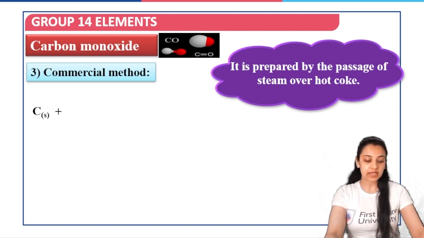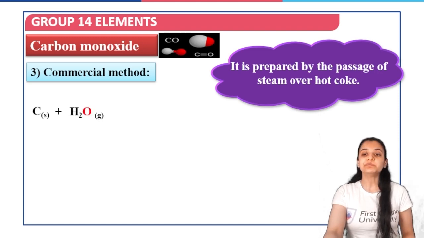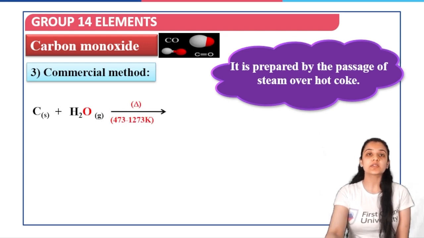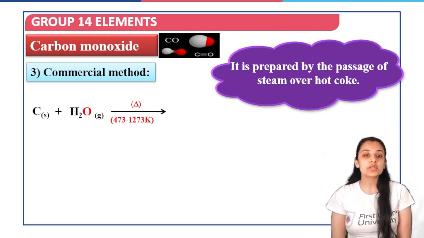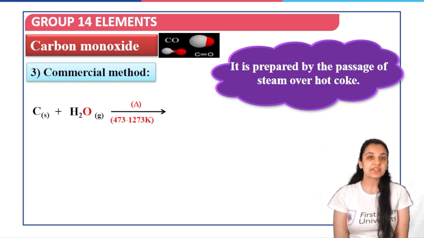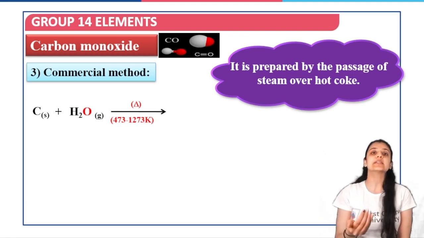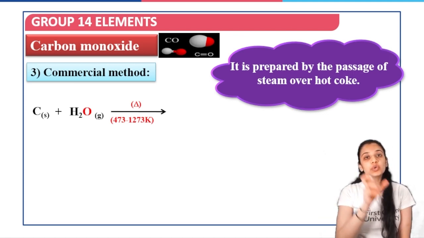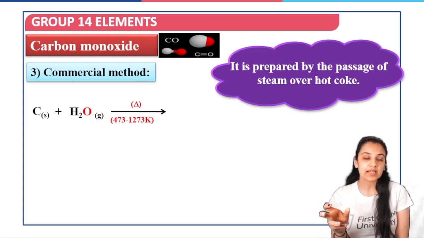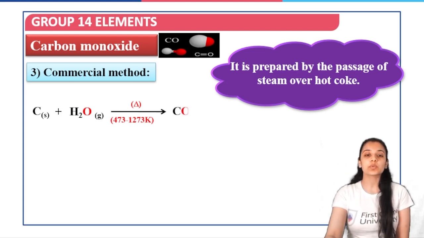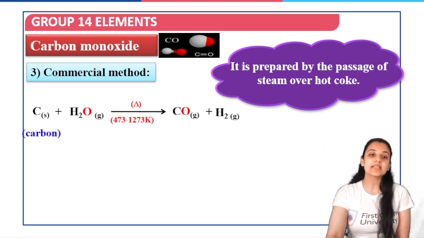So carbon, that is coke in the solid form, will be reacted with steam, that is water in the gaseous form, at a temperature of 473 to 1273 Kelvin. Boiling point of water is 373 Kelvin, so 100 Kelvin above that to a range of 1273 Kelvin, we are going to be heating, and what we get is carbon monoxide gas along with H2 being produced as the side product.